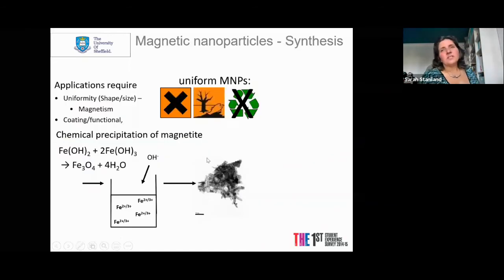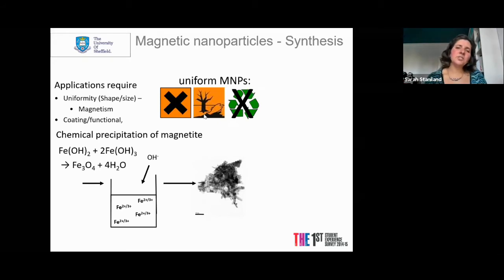Now, going back to the chemistry, that's why we want magnetic nanoparticles. Let's think about how we might synthesize them. With the applications, as I said, we need this uniformity, but I've put next to the uniformity these symbols to remind me to think about the green aspects too, the sustainability.